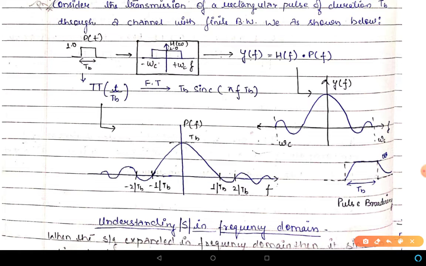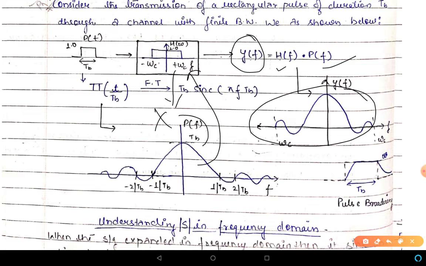Now the output is the multiplication of H(f) and P(f), these two are multiplied. So when this function is multiplied with this response, this is what we are going to get at the output.